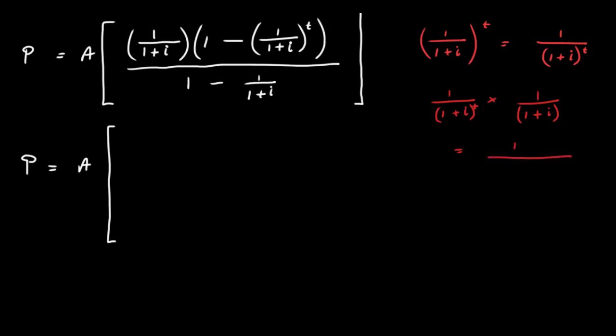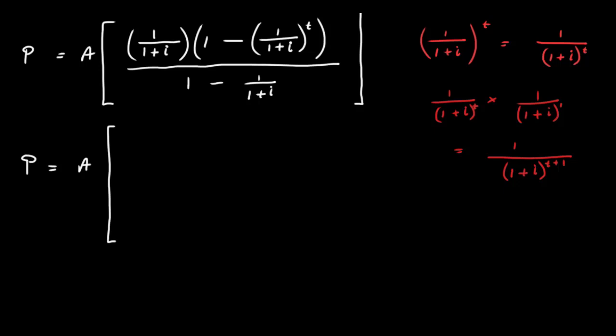If I multiply the two denominators, I've got (1 plus i) to the power of t multiplied by (1 plus i) to the power of 1. So we just get (1 plus i) to the power of t plus 1, because by the rules of indices you add the two powers. So t plus 1 gives us t plus 1.